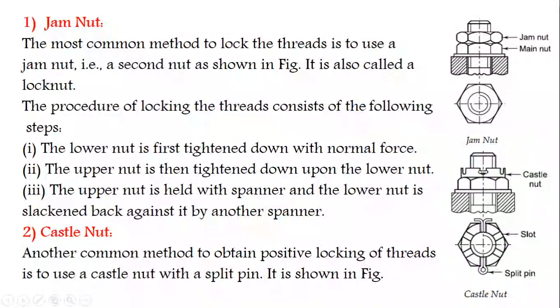The tightening force and friction force in the threads of the lower nut, called the main nut, are reduced. The joint remains tight because of friction between the surfaces of the two nuts, even when the axial force on the bolt is relieved.